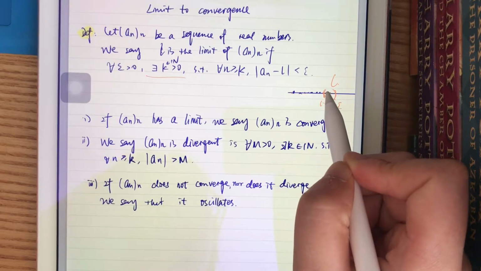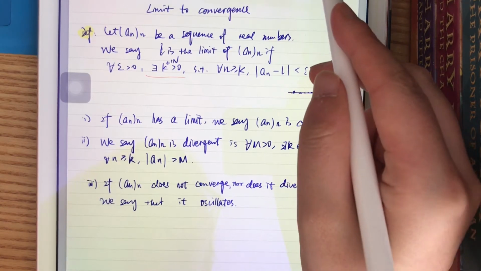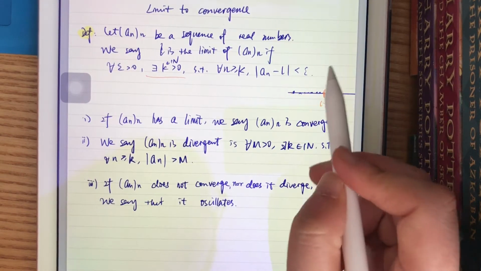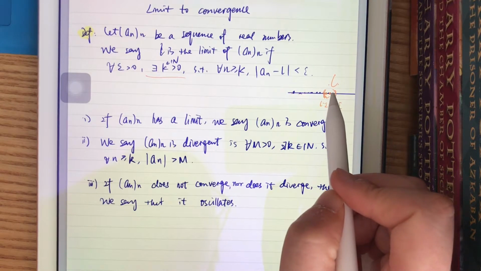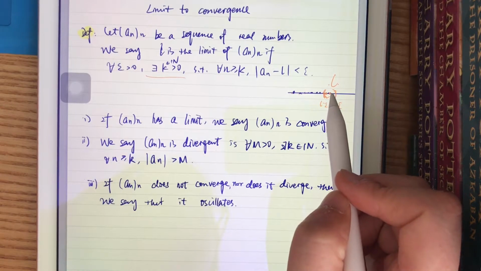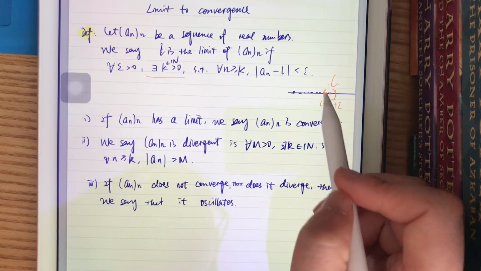When n is larger than k, all the terms of a_n after a_k are in this small set, right?